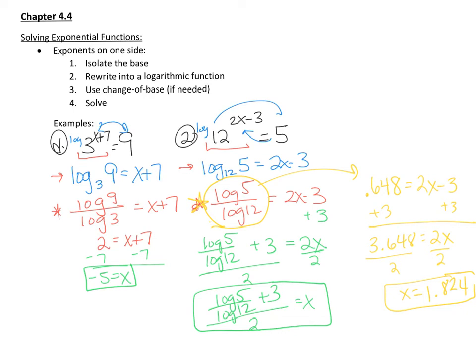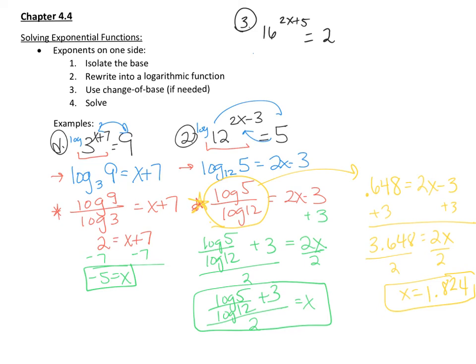All right, so let's try one more just to make sure that we've got it here. So let's say that we wanted to look at 16 to the 2x plus 5 equals 2. We would start off and I would rewrite this into logs.